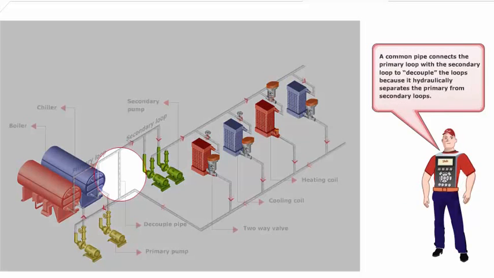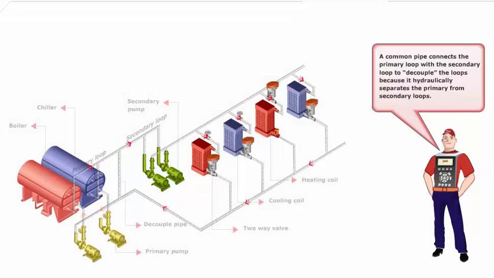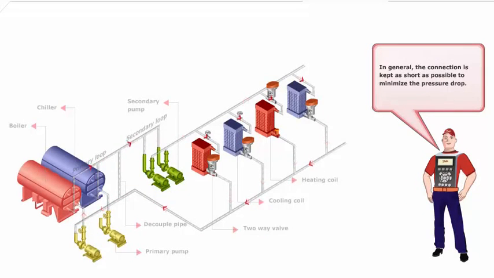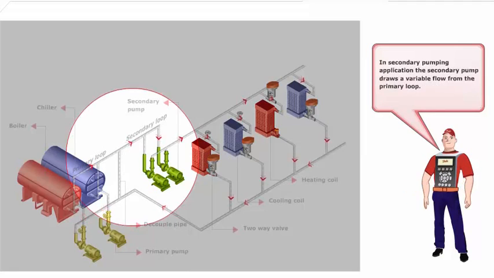A common pipe connects the primary loop with the secondary loop to decouple the loops, because it hydraulically separates the primary from the secondary loops. In general, the connection is kept as short as possible to minimize the pressure drop. In a secondary pumping application, the secondary pump draws a variable flow from the primary loop.